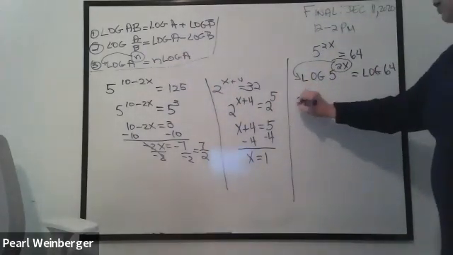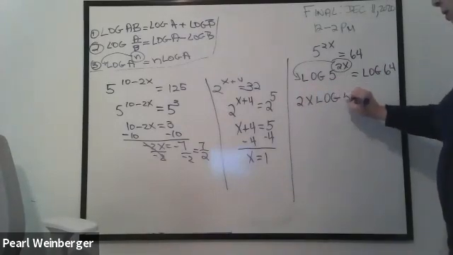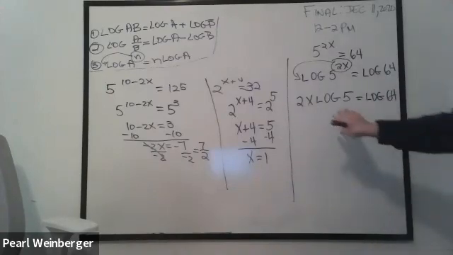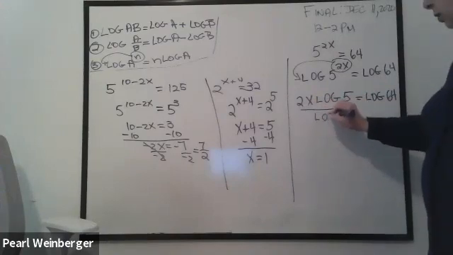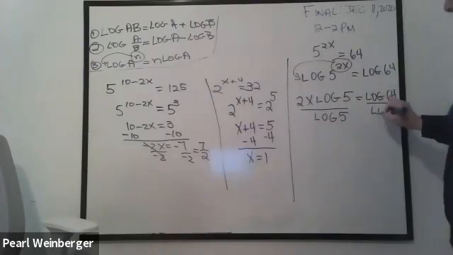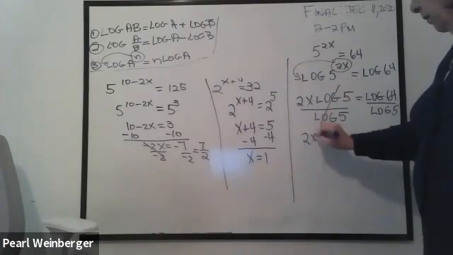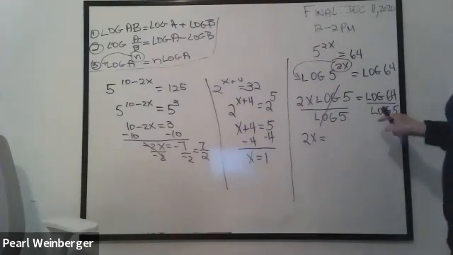So this will become 2x log 5 equals log 64. And the first thing I want to do is get rid of this log 5. I'm going to do this all on my calculator. I'm going to get 2x equals the log of 64 divided by the log of 5.